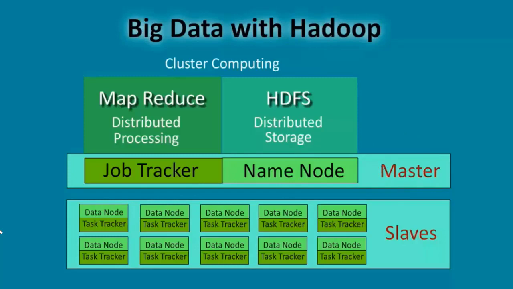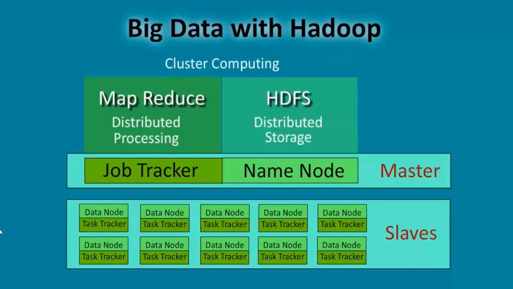Now, in reality, this would be a very small multi-node Hadoop cluster. A Hadoop cluster could go as big as multiple racks of many slave nodes. We're talking maybe 10, 12, 13, 14 slave nodes per rack, and then multiple racks, 6, 7, 8, 10 racks of servers.